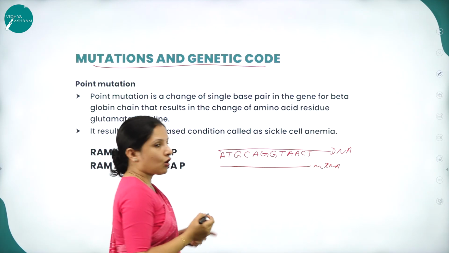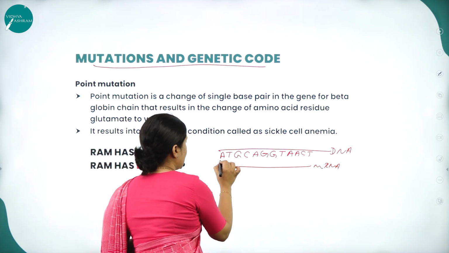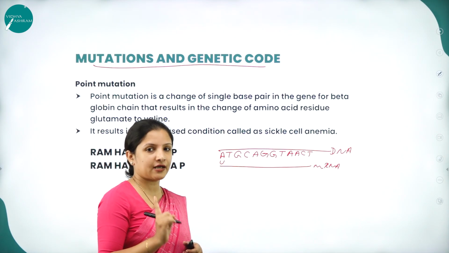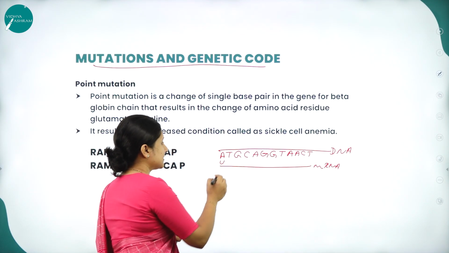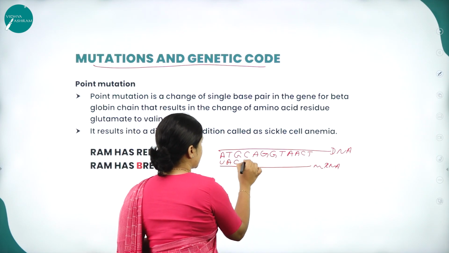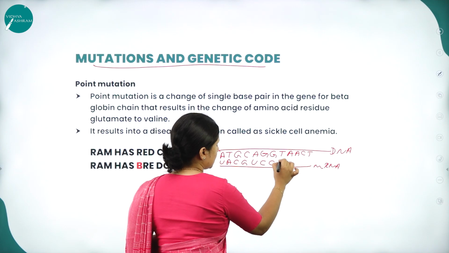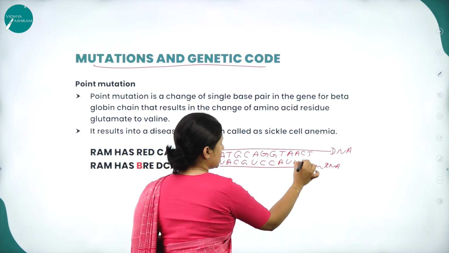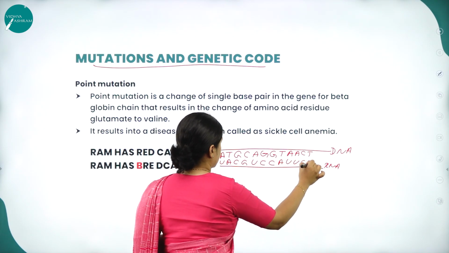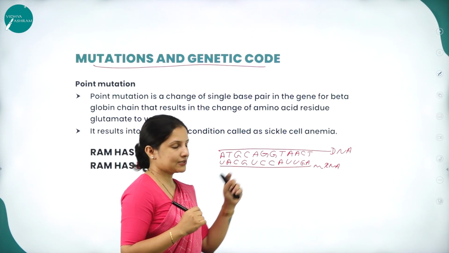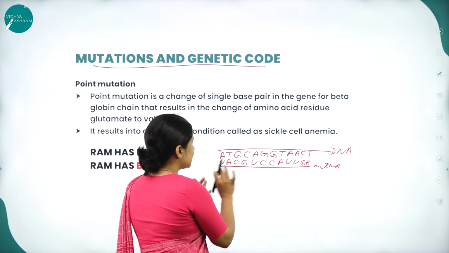On this mRNA strand, will it have T? No, right? Because RNAs do not have thymine. So you'll have uracil, then adenine, then cytosine, guanine, uracil, cytosine, cytosine, adenine, uracil, guanine, adenine. So this is how it will form, and this is how it should be. Now this is the sequence.